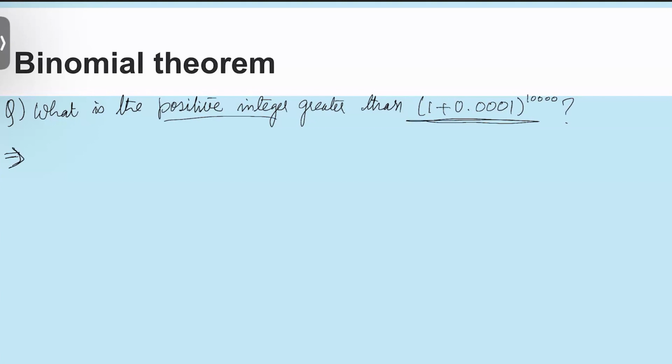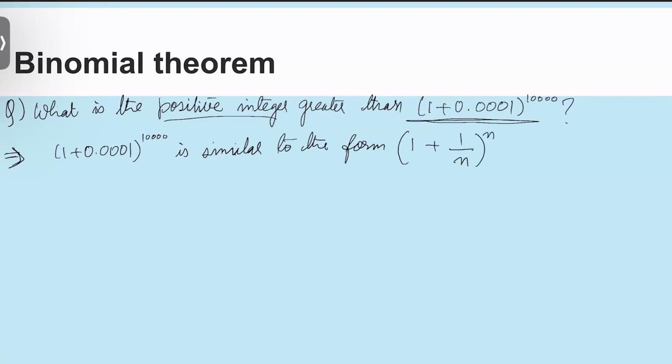So what would be the form? 1 plus 0.0001 raised to 10,000 is similar to the form of 1 plus 1 upon n raised to n, where n is equal to 10,000.